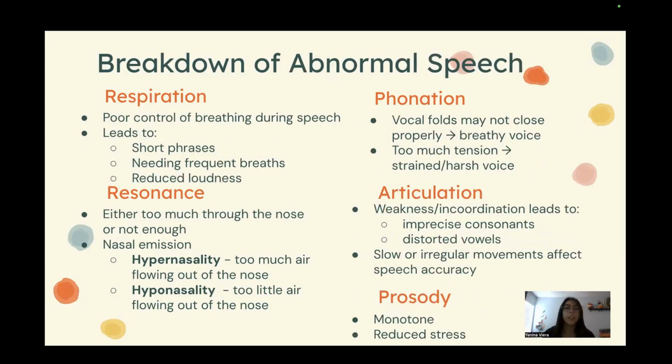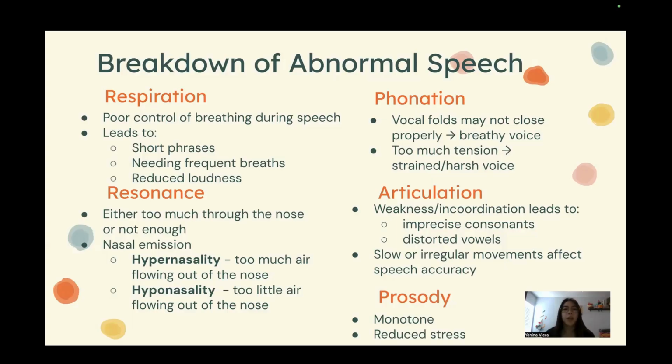And then for the breakdown of abnormal speech, for respiration, they can have poor control of breathing during speech that can lead to short phrases, needing frequent breaths, or reduced loudness. For resonance, there can be either too much air through the nose or not enough. And again, this is hypernasality or hyponasality.